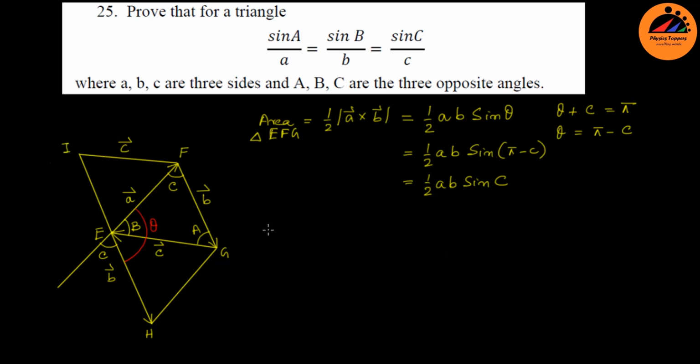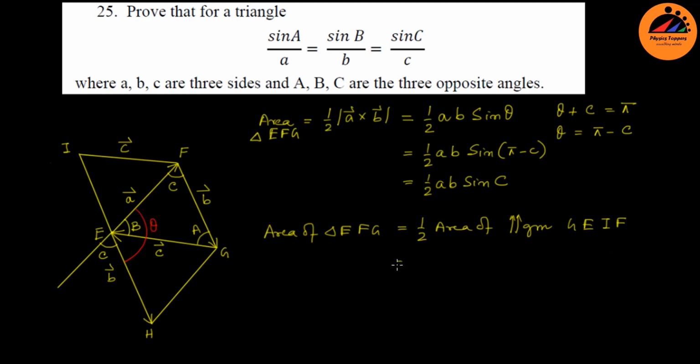So from here, the area of triangle EFG is basically half the area of parallelogram GEIF.